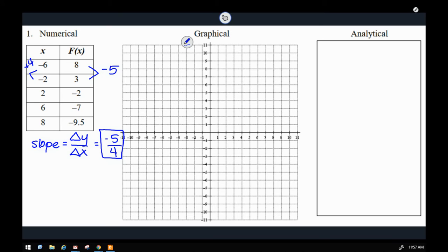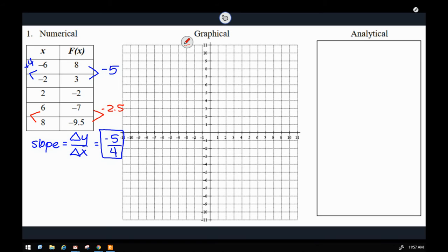Is there anywhere on the table where it's not a change by 5 in the y value and a change in 4 in the x value? Are they all the same? Shaking your head no. Which one is different? Yes, these last two. To go from -7 to -9.5, you subtract 2.5.